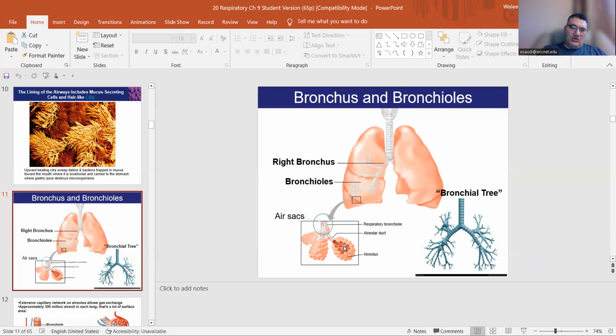They leave the blood and go into this space in the alveolus, and then it will go through the alveolar duct and the bronchioles, bronchi, until it goes here, trachea, larynx, pharynx, nose, and the other way around. This is air moving in and out.